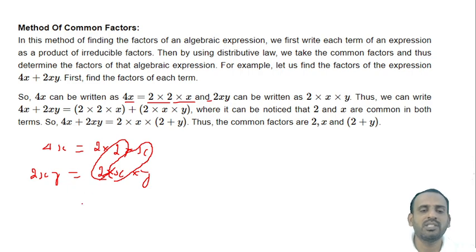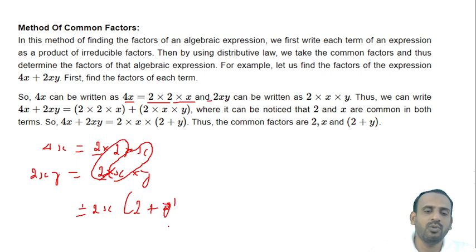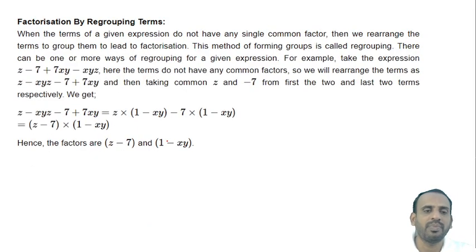So we can take this 2 and x outside, so it will become 2x. Here what is remaining inside? We have 2 plus y. So 2 into x into (2 plus y). This is how we simplify it.